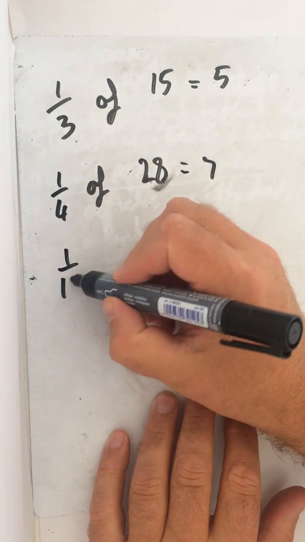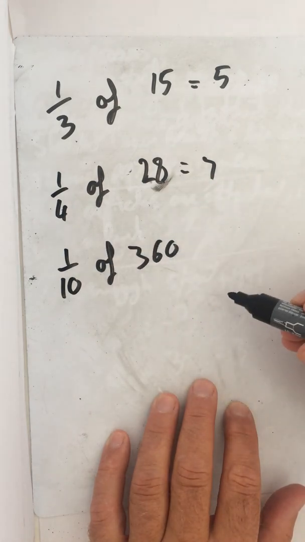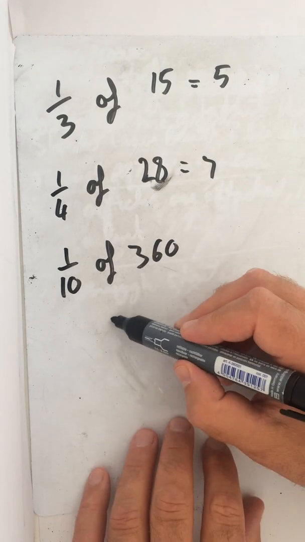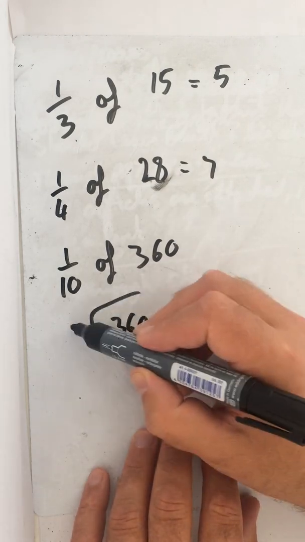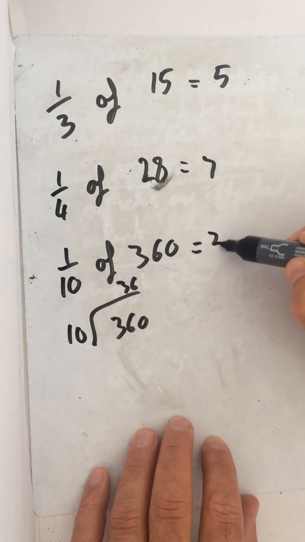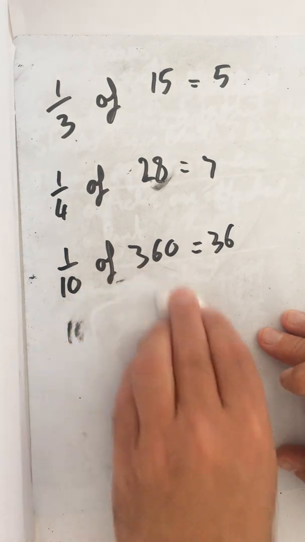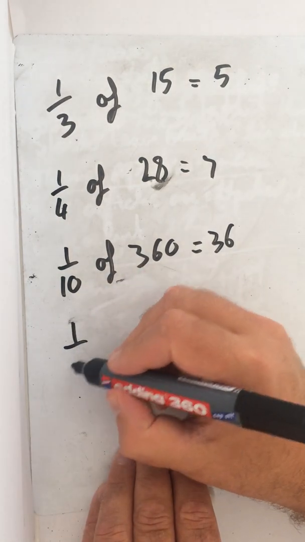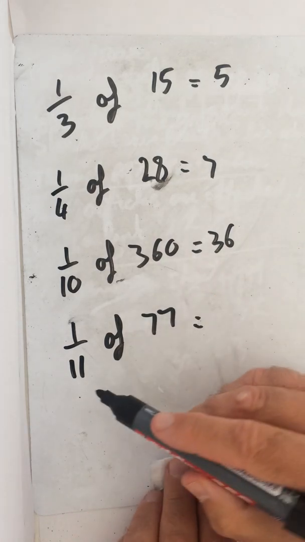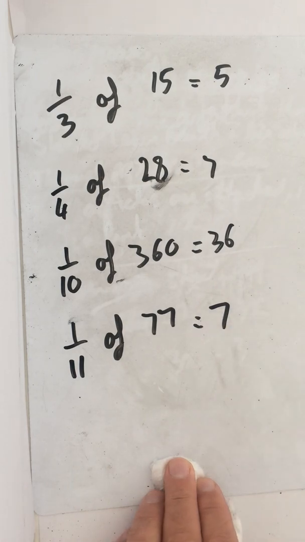If I wanted to find 1/10 of 360, I'd say how many 10's are in 360? So 360 divided by 10 would give me 36. Bigger numbers as well. What is 1/11 of 77? I'm asking myself how many 11's go into 77, and it's 7 of them, isn't it?